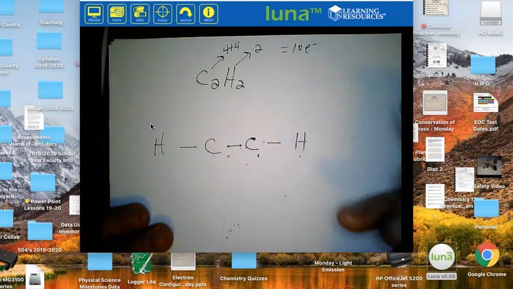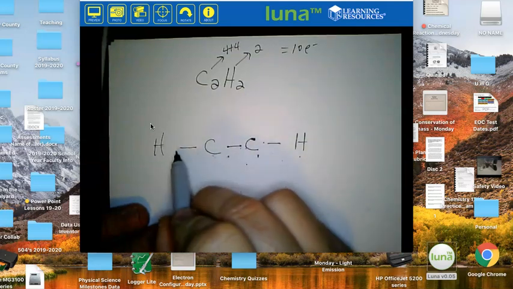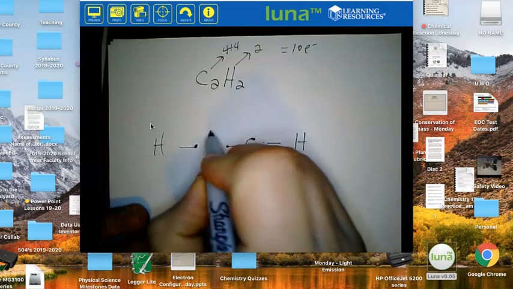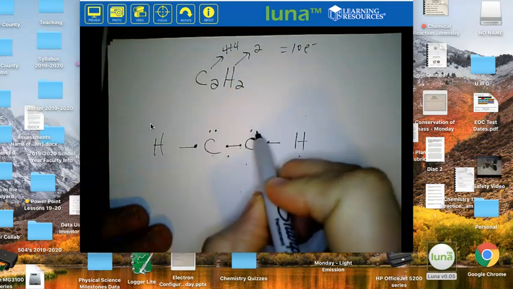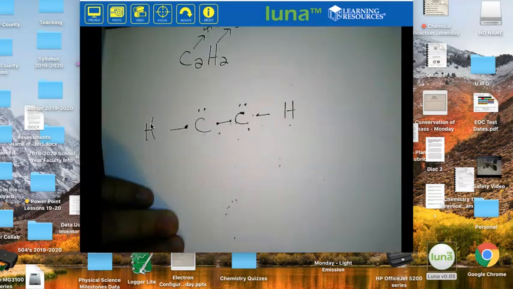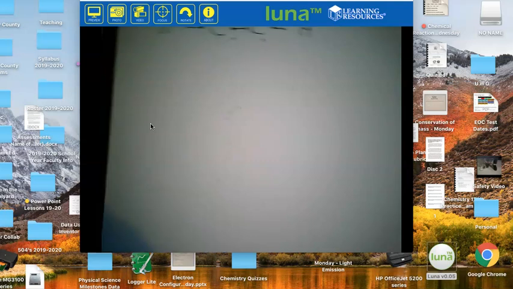So let's figure out the electrons here. Hydrogen has 1. This carbon atom should have 4. 1, 2, we'll just put here 3, 4, and then 1, 2 for this atom, 3, 4, and then dots everywhere on this paper, which I don't want to confuse.